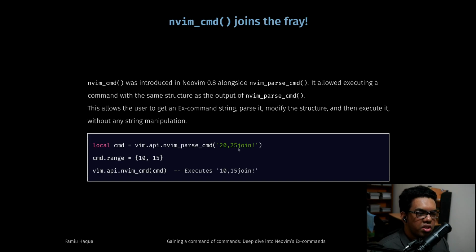So as you can see, what we have done here is very interesting and very important for plugin developers. We've taken a command with one attribute and then parsed it and then changed some of these attributes and then executed the new command. All of this without any string manipulation. So this is huge for plugin developers.